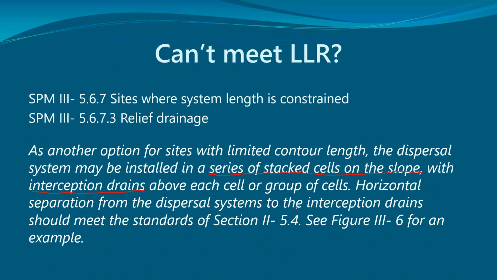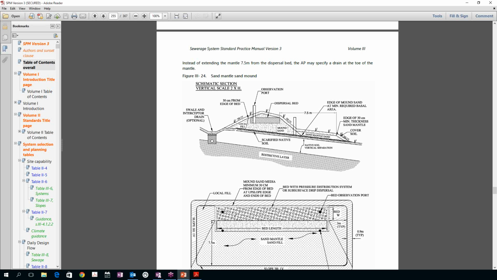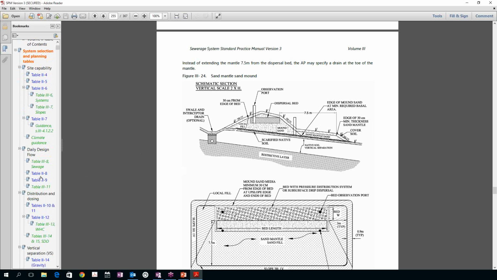Seems like a good idea. And probably the best thing we can do is look at the diagram, but we do need to maintain horizontal separation from the dispersal systems to the interception drains. And let's have a look at figure 3.6 to illustrate that point.